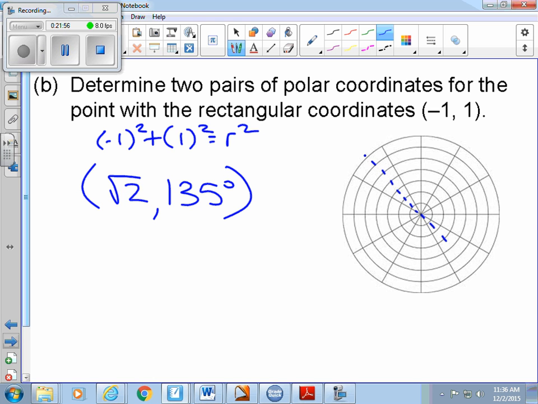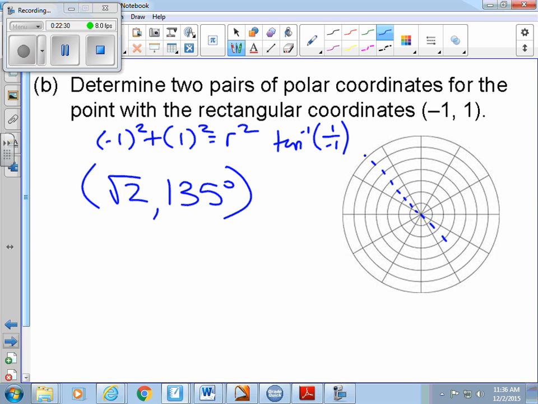I do still have to think a little bit. Because if I do tan inverse y over x, not that it matters, but we'll do it right. 1 over -1. So tan inverse of -1. What's your calculator going to tell you? It tells you -45 degrees, which is perfectly reasonable. But we're going to have to know what to combine that with, right?